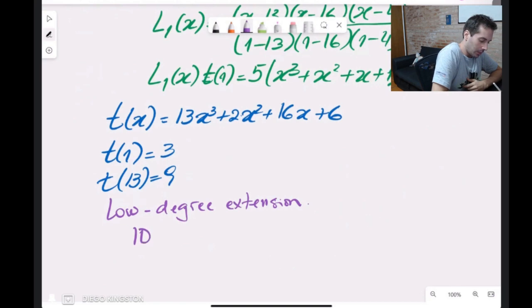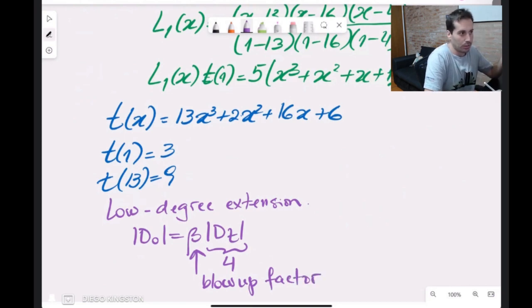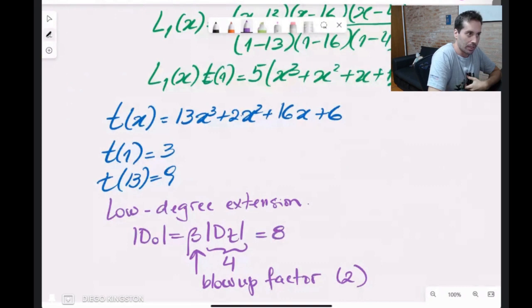So we will select a domain D0, which is equal to beta times the original domain that we used. Our original domain had 4 elements, and this parameter beta is known as the blow-up factor, which tells us how big the new domain is with respect to the previous one. For our example, we will choose simply 2, and so this domain will have 8 elements.